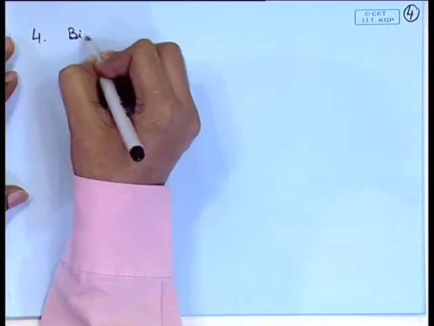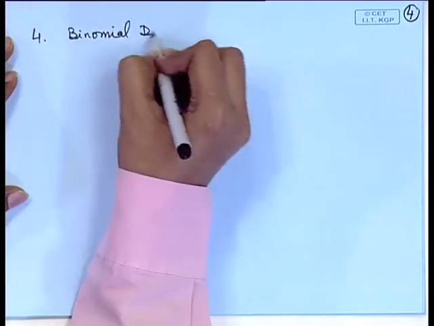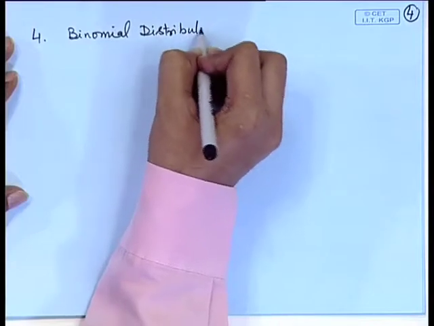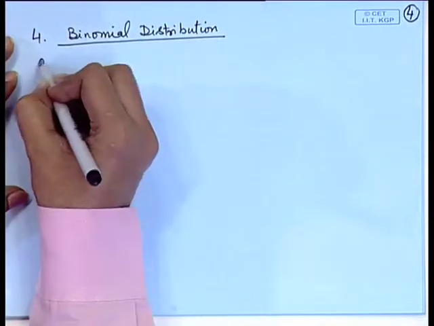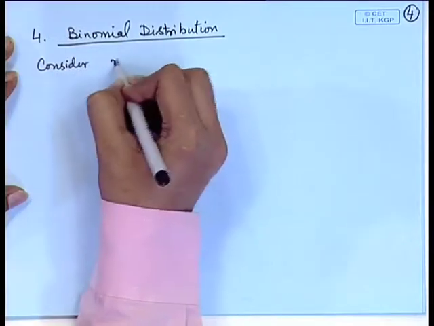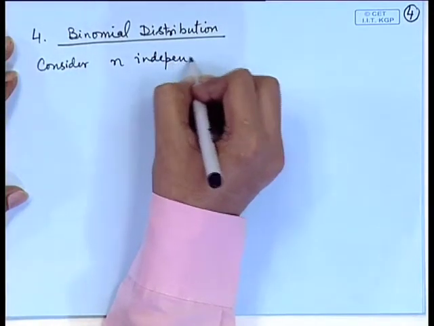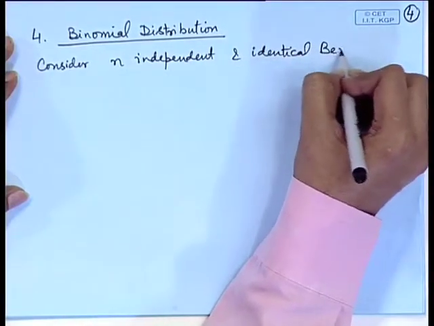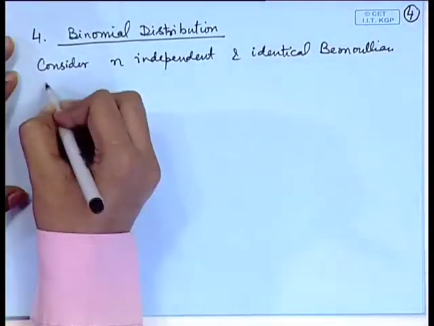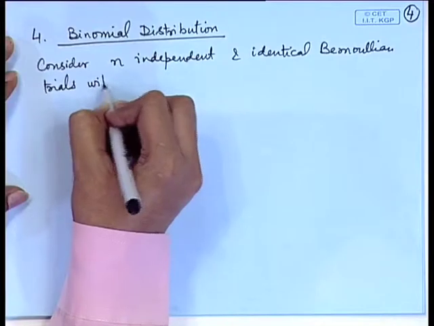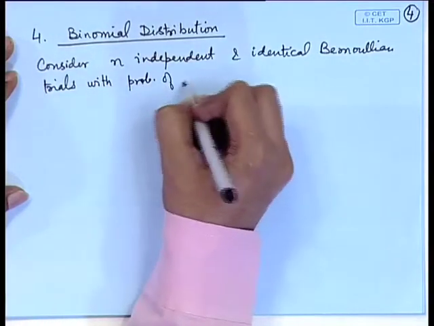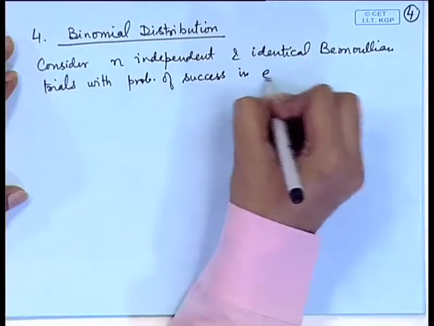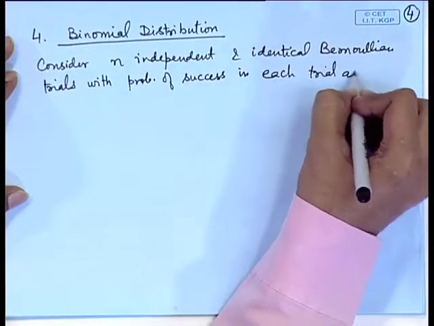Now, an immediate generalization of the Bernoulli distribution is the so-called binomial distribution. So, consider n independent and identical Bernoullian trials, with probability of success in each trial as say p.